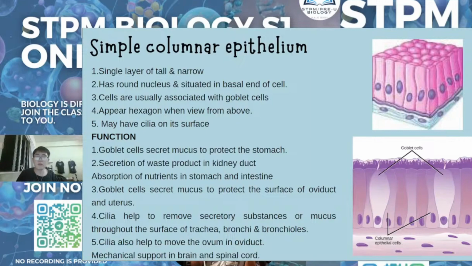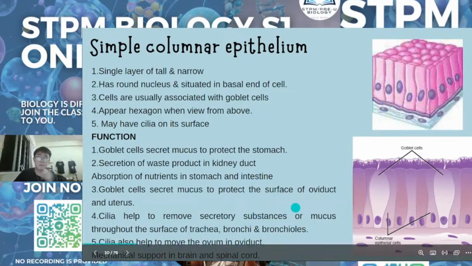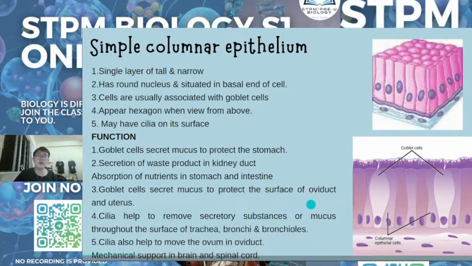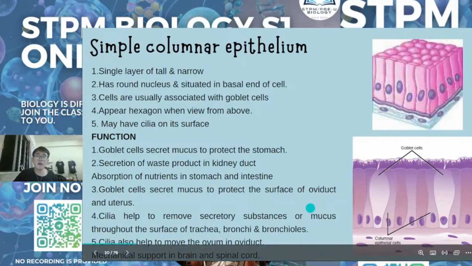Although mucus is very important, if there is too much, it can block, because mucus is very sticky. If you have a fever, your nose is not so good, right? So cilia can help you to remove all of this mucus.